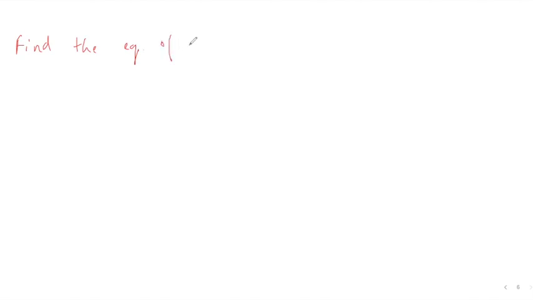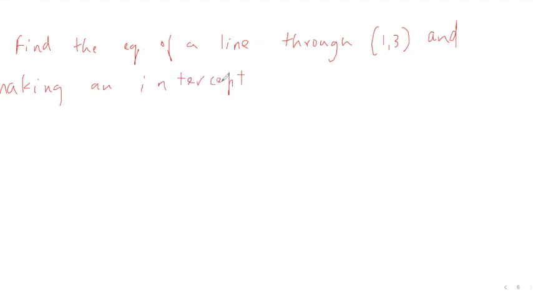Find the equation of a line through (1, 3), and making an intercept of 5 on the y-axis.